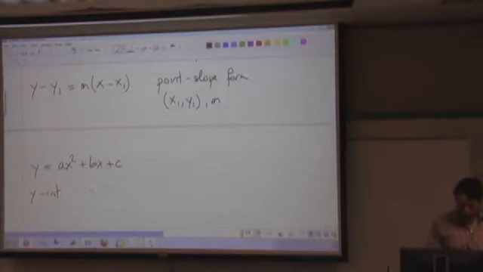The way we usually write y-intercepts, we say y equals c. Continue on with the game: what's the x-intercept?